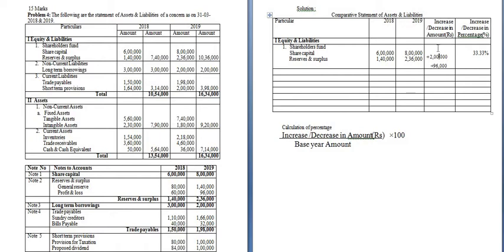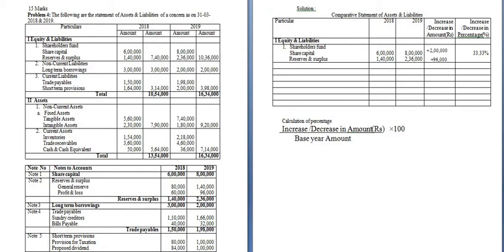Increase in amount of reserves and surplus, 96,000 divided by 1,40,000 into 100, which is equal to, first we have to write plus sign, 68.57 percentage. Okay.